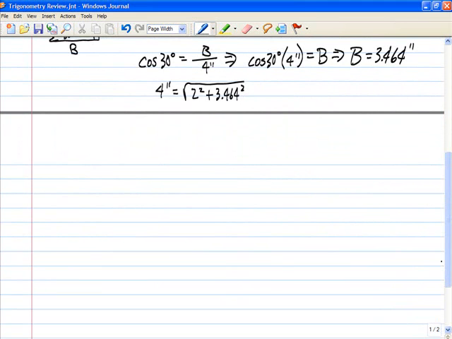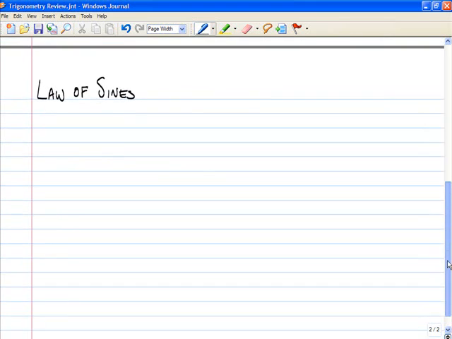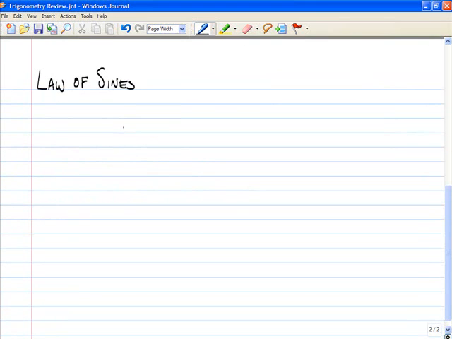Now, the law of sines says this. If we've got a triangle here, and nothing on this is a right triangle, call A here, C here, and B here for the sides, and that angle would be B, which is opposite the side.